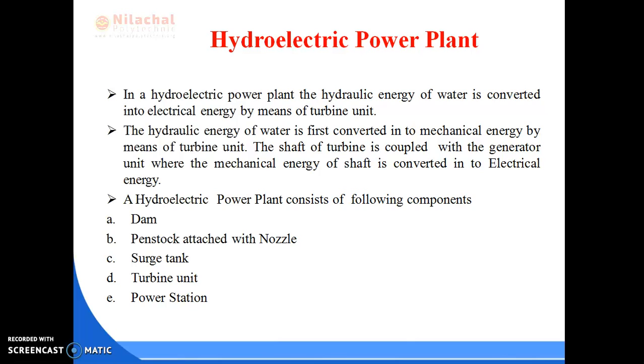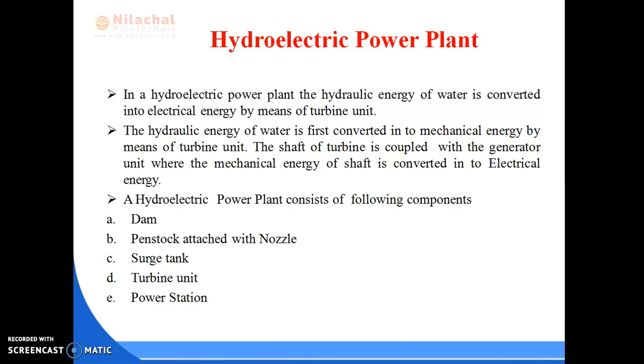Before studying the hydraulic turbine, we need the concept of a hydroelectric power plant. As the name indicates, hydroelectric means hydro is water and electric is electrical energy, so the hydraulic energy is converted into electrical energy.